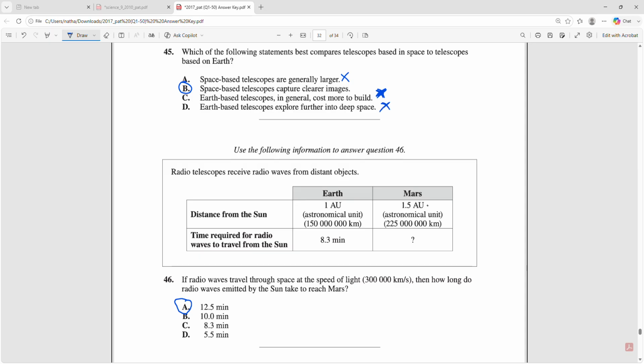Without the restrictions of our atmosphere, telescopes out in space are able to explore deep into space. That's why we want space-based telescopes. The correct answer is space-based telescopes capture clearer images. Okay, and that is true.